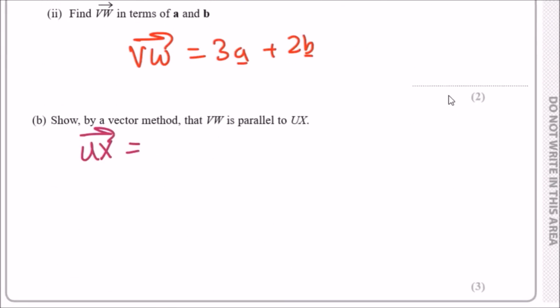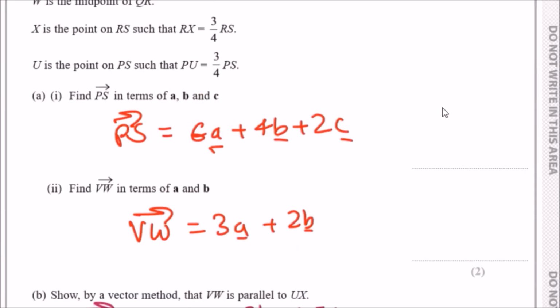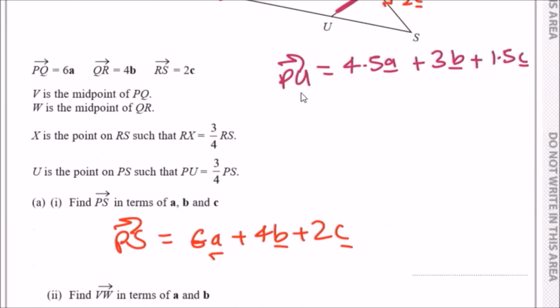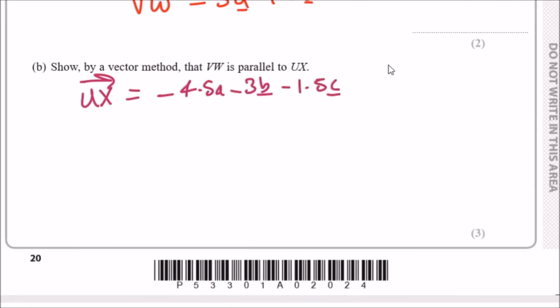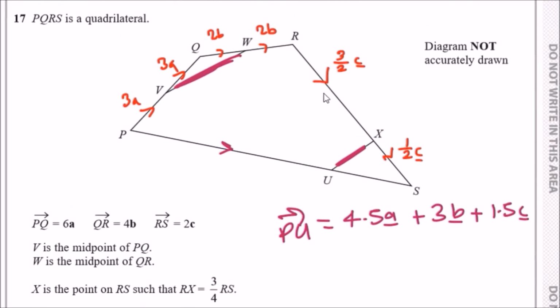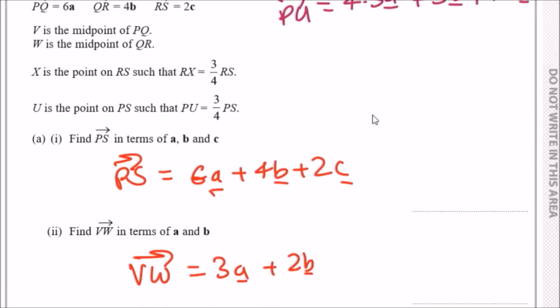So minus 4.5a minus 3b minus 1.5c. And now we're going to add the rest. Plus 6a plus 4b plus 1.5c.